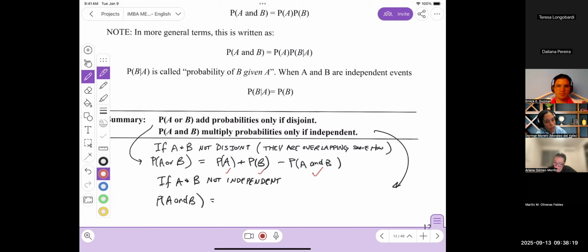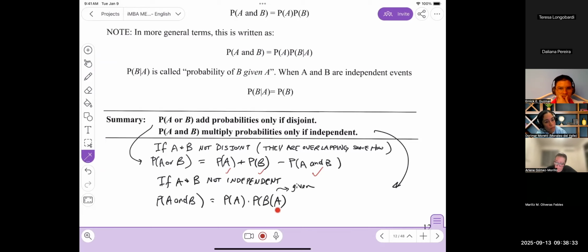In general, you have to know the probability of A and the probability of B given A. This means given. So it means if A happens, this is not a bracket. Let me clear that.